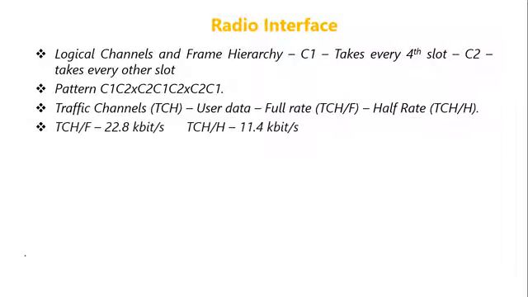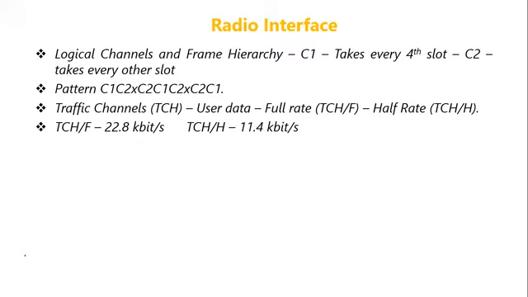The full rate traffic channel has a data rate of 22.8 kilobits per second, and the half rate traffic channel has a data rate of 11.4 kilobits per second.